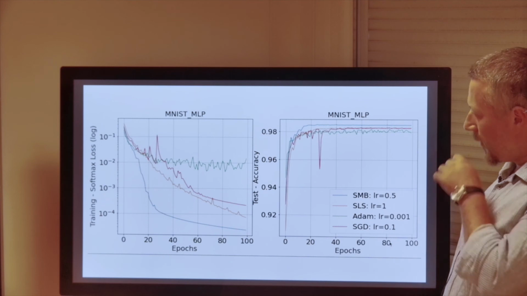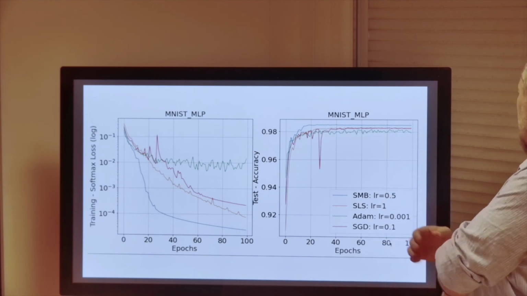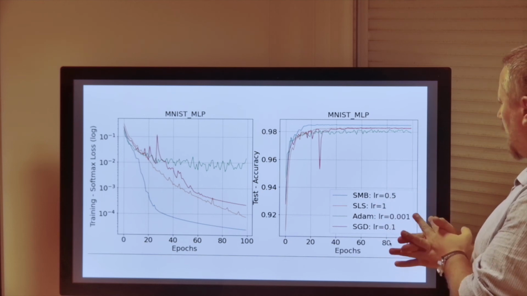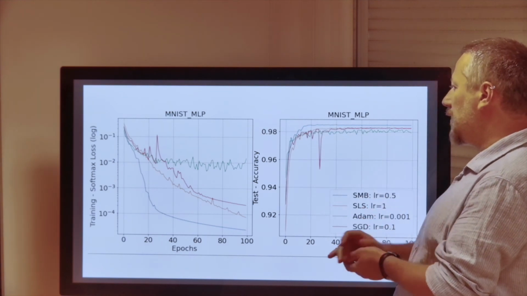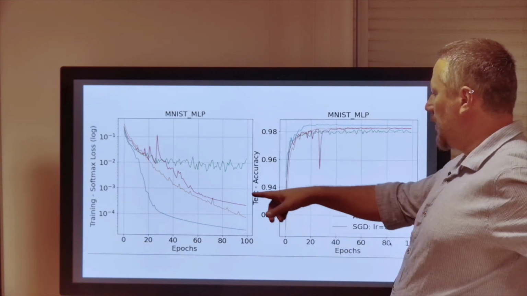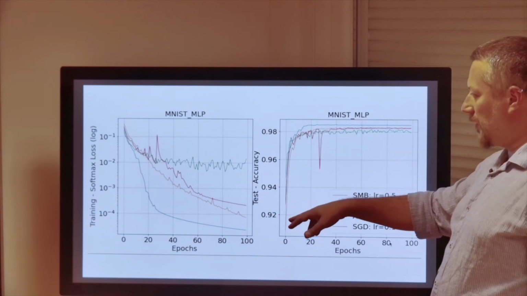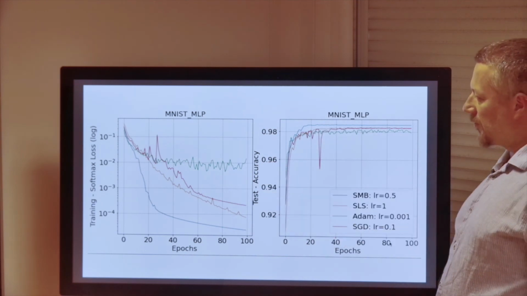And if you compare this with SLS and other methods, with SGD and ADAM, as you can see in MNIST data, SMB with learning rate 0.5 works pretty well in terms of training loss.